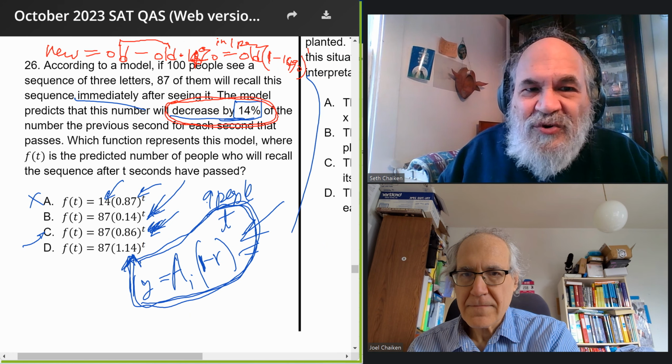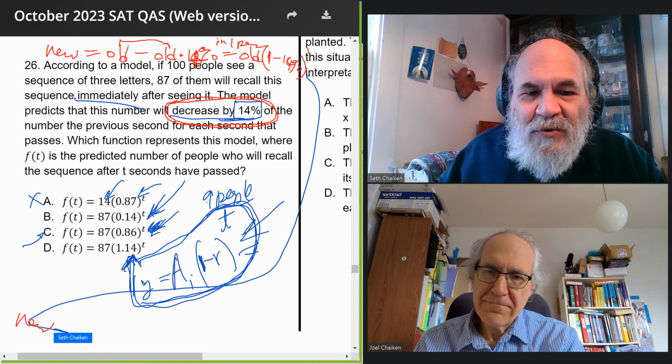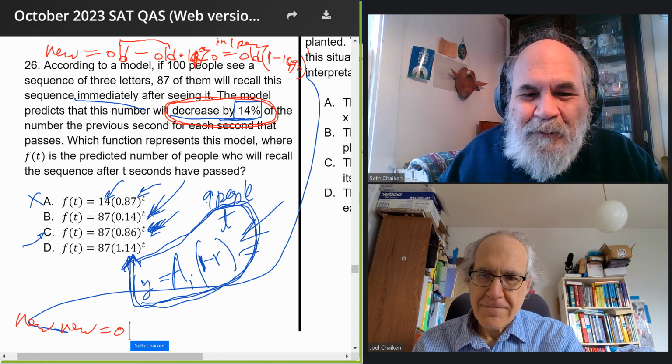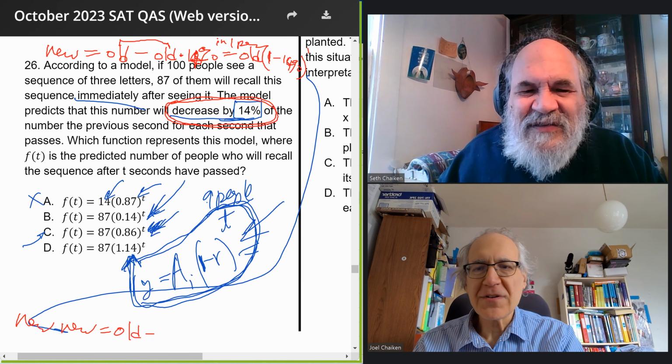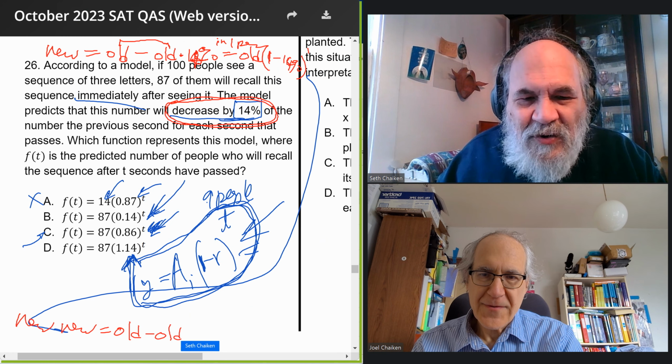The new equals the old minus old times 14%.